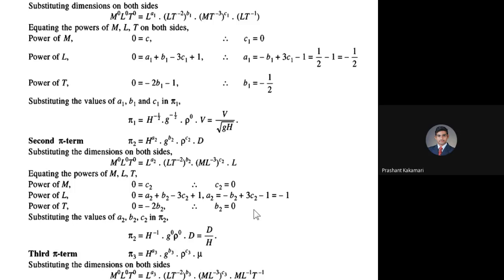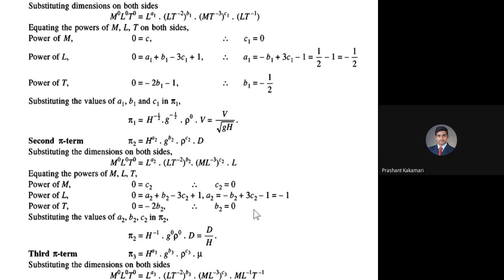In the pi 3 term, for the same equation, I'll take the last term, that is T. So LHS T raised to naught, 0, I'll equate to the RHS, where I have powers of T: T raised to minus 2 B1. So that I'll consider first. Minus 2 B1 is the power.